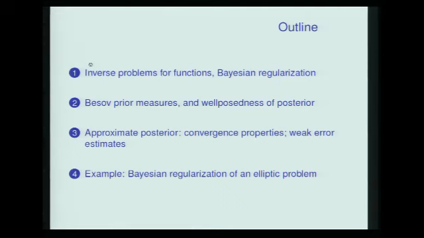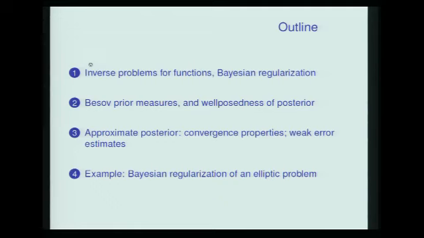Since my unknown is a function, I'm interested in a measure in the space of functions. So I spent some time explaining how we can make sense of the Bayes rule in that case.